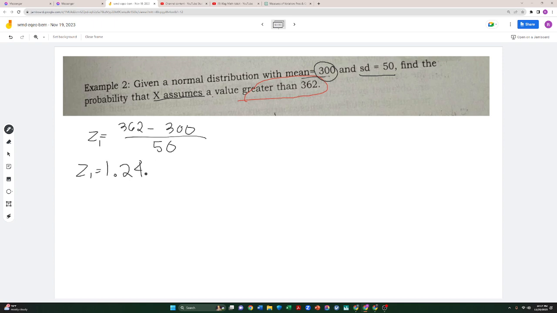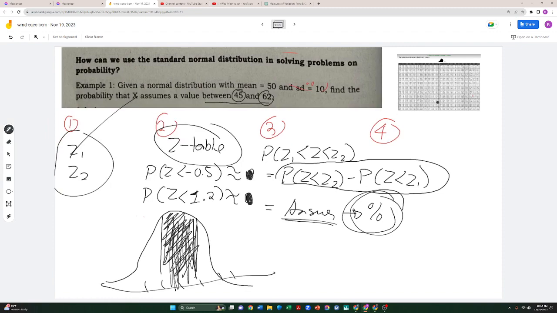1.24. Okay? So, ang 1.24, convert this into z table, which is, pila? So, any idea? Tan-awa na ninyo sa table.